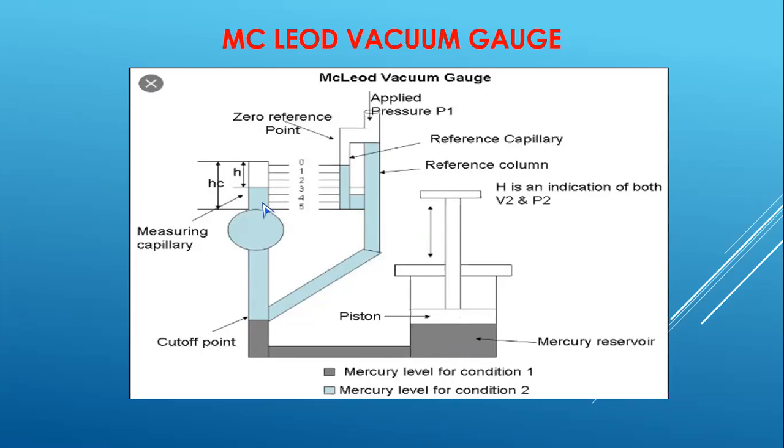Before measuring the negative pressure, here you have the piston and the plunger. You can move the plunger up and down to bring the mercury level to read 0. All of you observe the graduation in downward direction, 0, 1, 2, 3, 4, 5, like this.